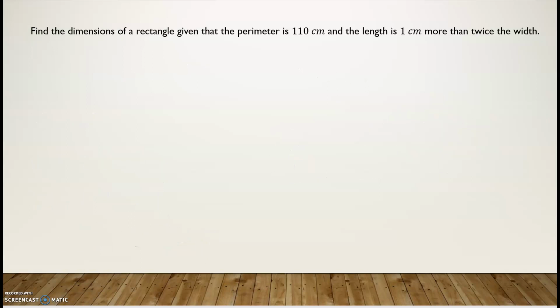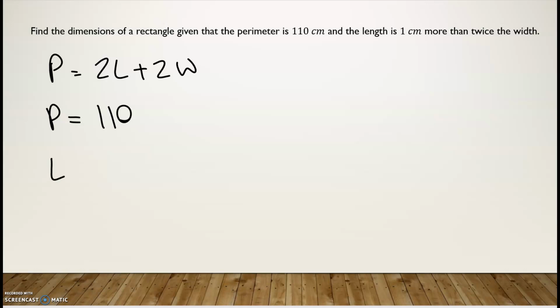Find the dimensions of a rectangle given that the perimeter is 110 centimeters and the length is 1 centimeter more than twice the width. Okay, so we've got P equals 2L plus 2W. They said that the perimeter is 110.